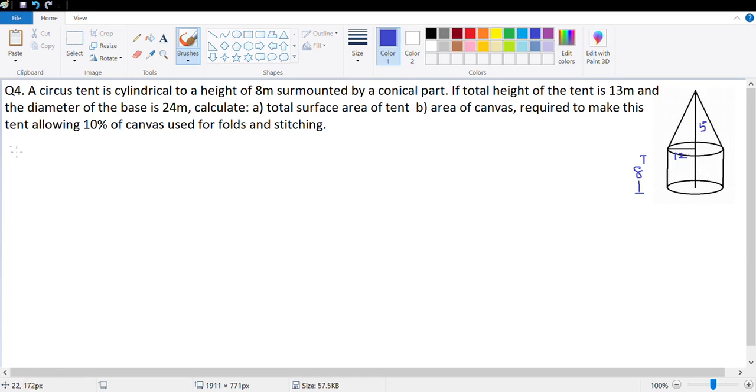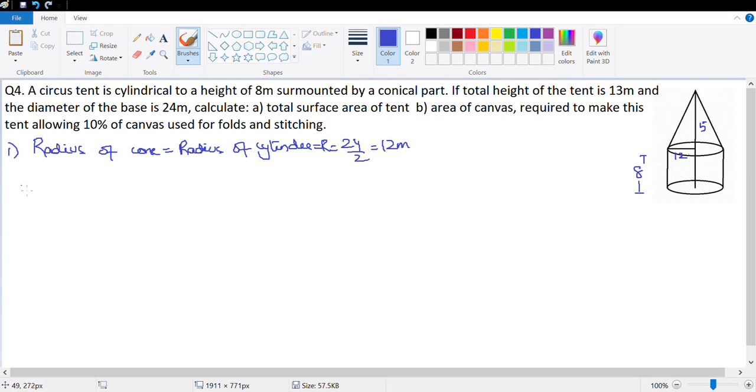Point number 1, radius of cone is equal to radius of cylinder is equal to R is equal to 24 upon 2 is equal to 12 meter.